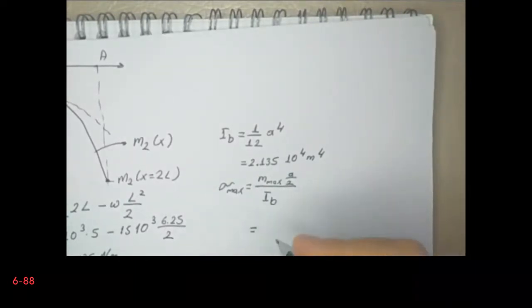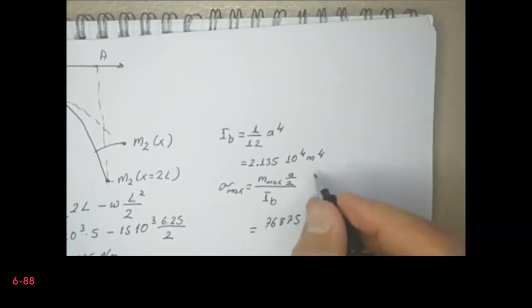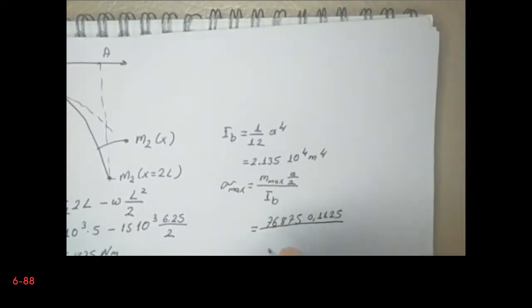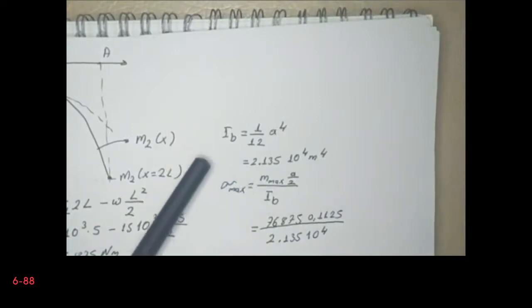Value for the absolute value for the maximum stress is 7,875. A divided by 2 is 0.1125, so 1,125, and divided by 2.135, multiplied by 10 to the power 4. So let's look at the value for this.